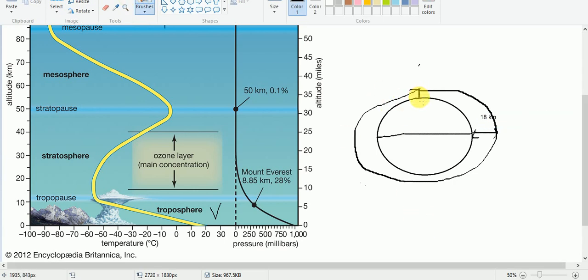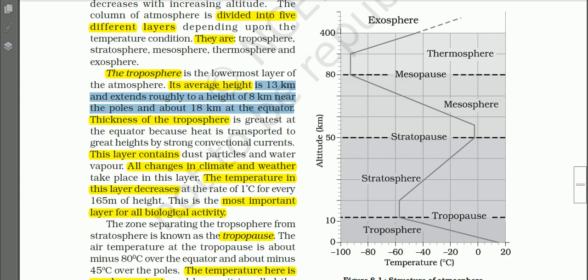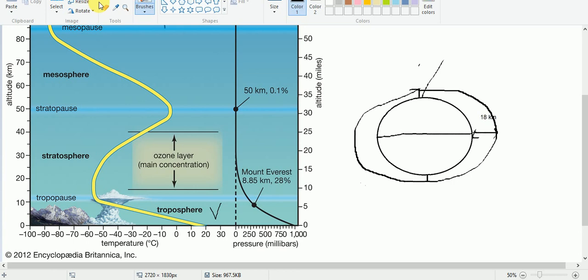And here at the poles it is 8 kilometers, as mentioned in the book, at this polar region.